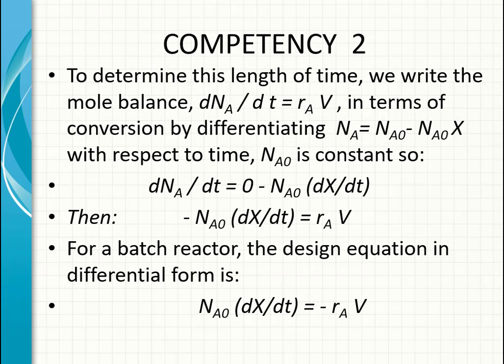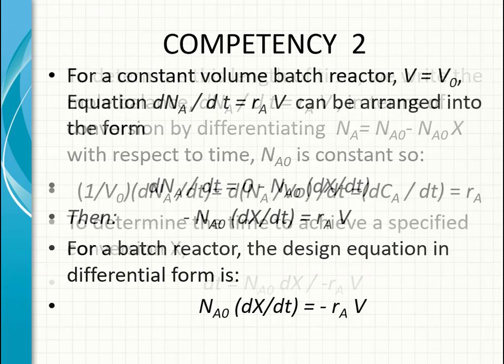Then minus Na0 dX divided by dt is equal to Ra times V. So for a batch reactor, the design equation in differential form will be Na0 times dX divided by dt is equal to minus Ra times the volume V.